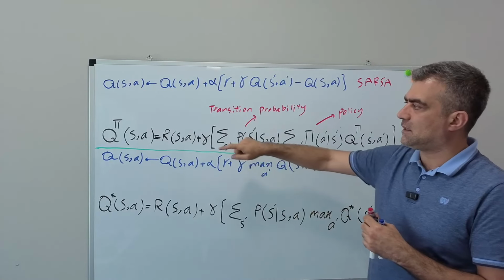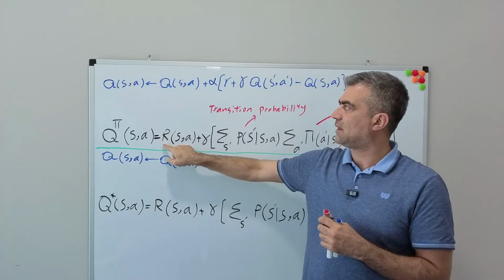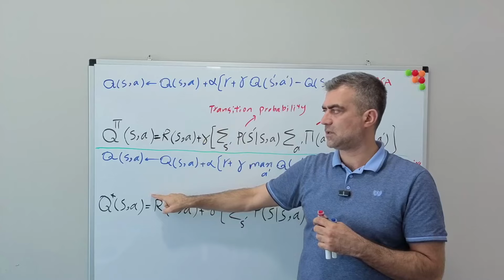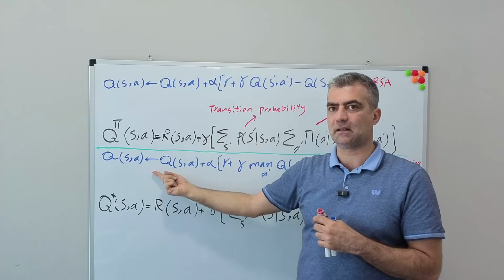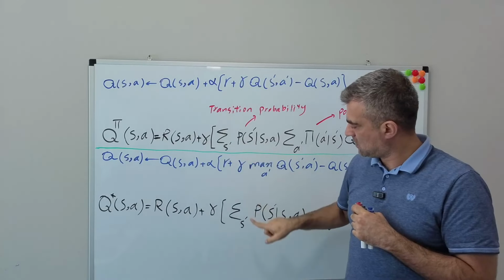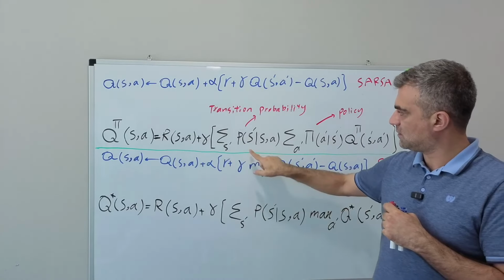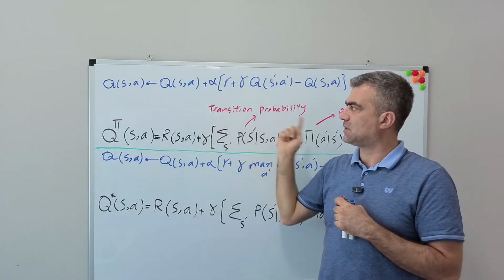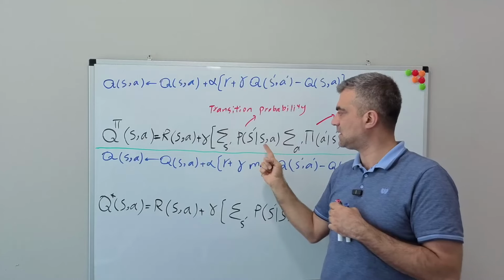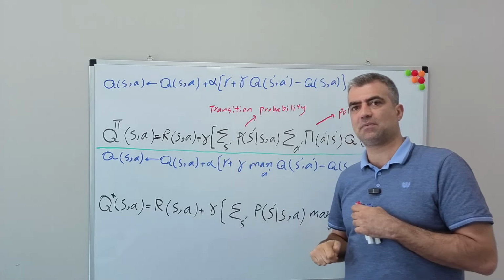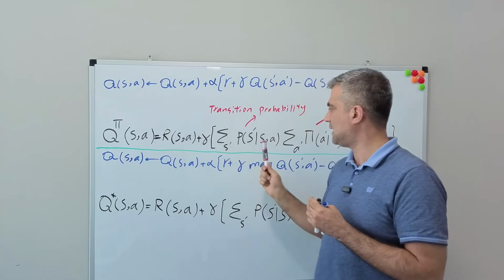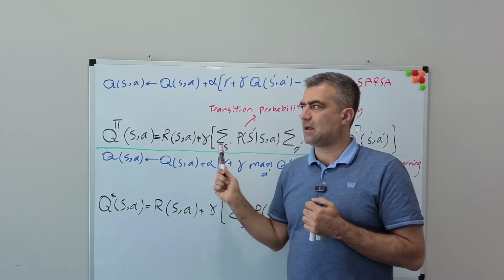Actually, this equation is from where Sarsa learning rule comes. This equation is the root of Q learning rule. So you see in both equations we have a P here which stands for transition probability. What is the transition probability? Transition probability is the probability of landing in state S prime by taking action A in state S. This is probability.